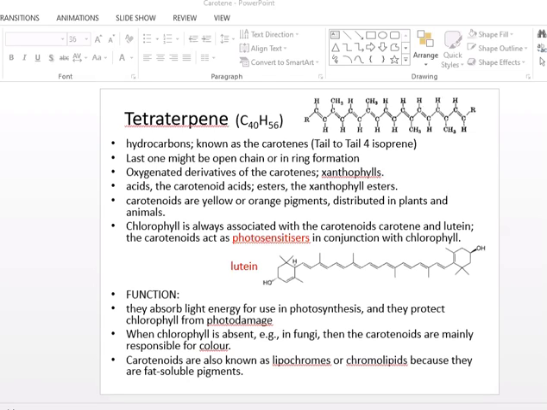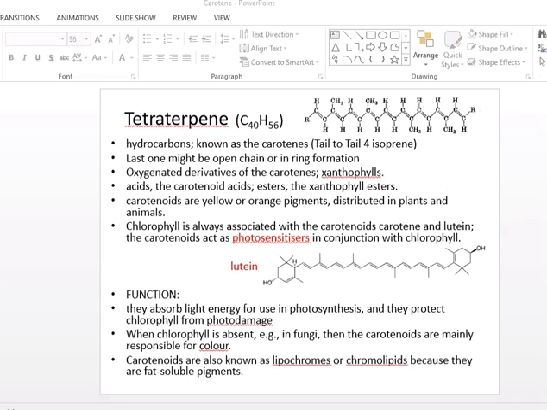So carotenes are basically tetraterpenes, meaning it is not 4, it is 8 isoprene units, but 4 terpenes.